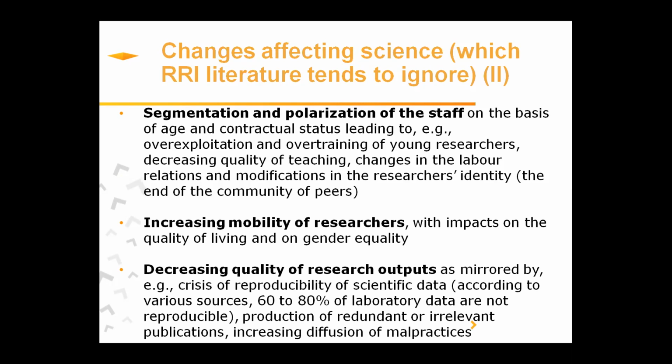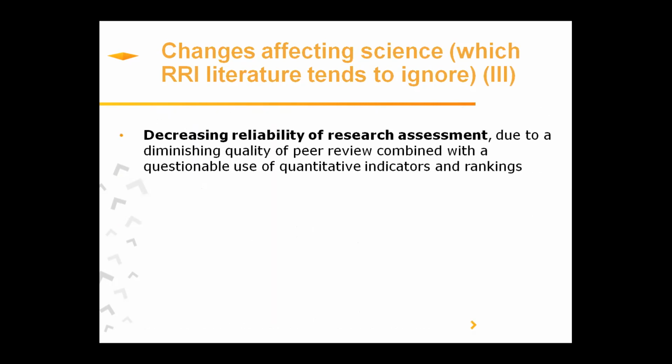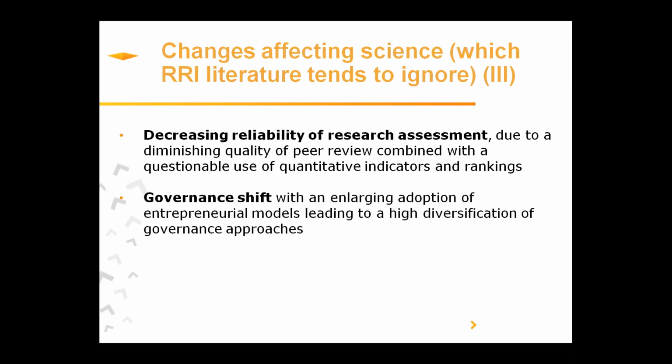The production of redundant or irrelevant publications, the increasing diffusion of malpractice. And again, there is a decreasing reliability of research assessment or questionable adoption of research assessment methods, due to the diminishing quality of peer review combined with the questionable use of quantitative indicators and rankings.